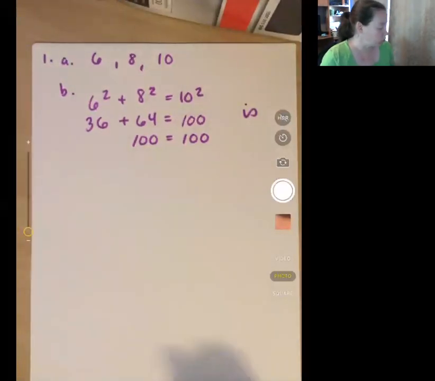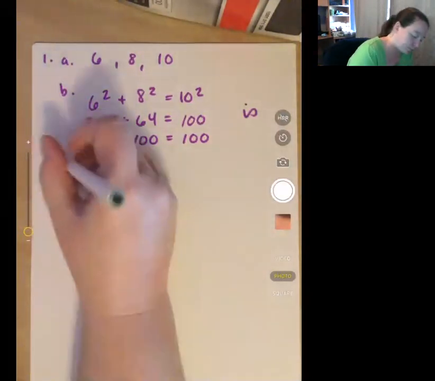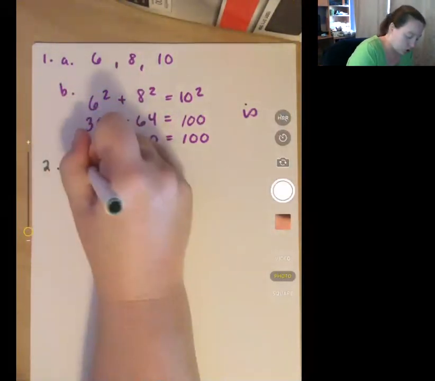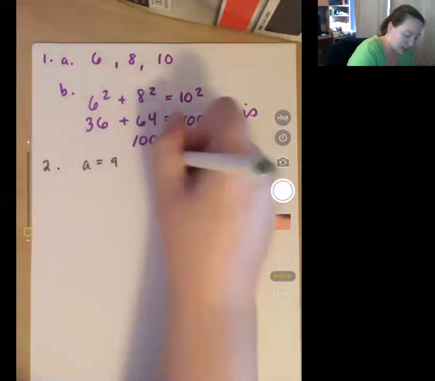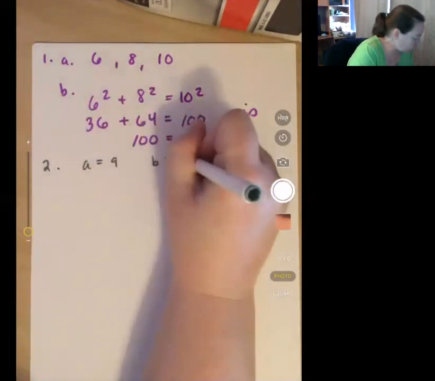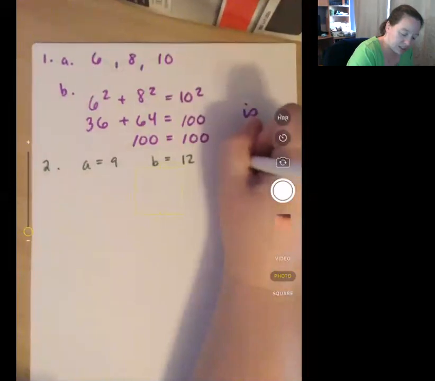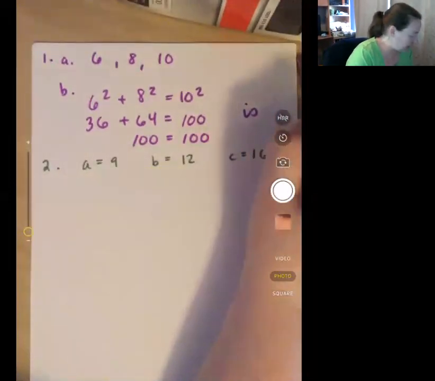Number 2, a triangle has side lengths 9 centimeters, 12 centimeters, and 16 centimeters. Tell whether the triangle is a right triangle. A equals 9, B equals 12, C equals 16.